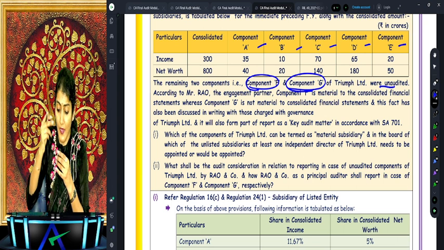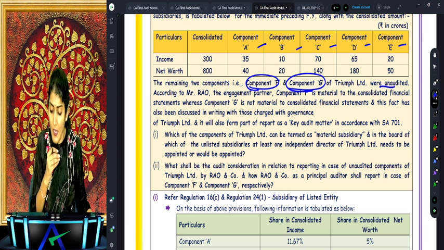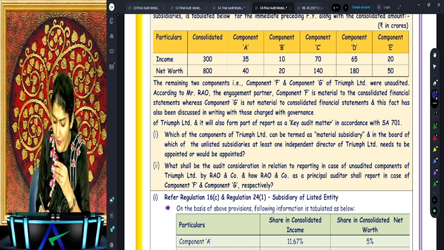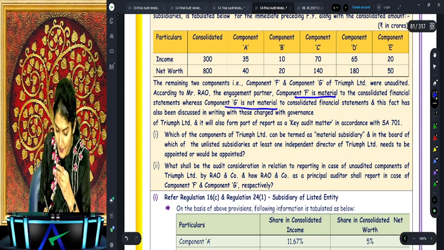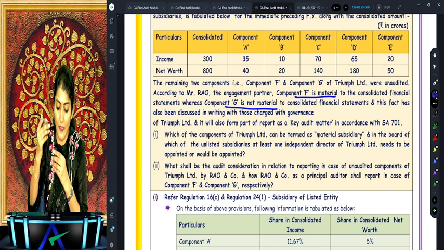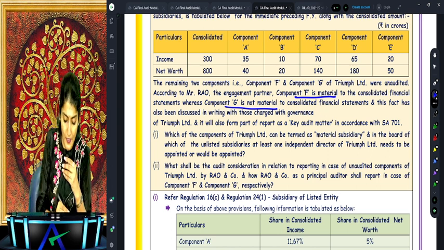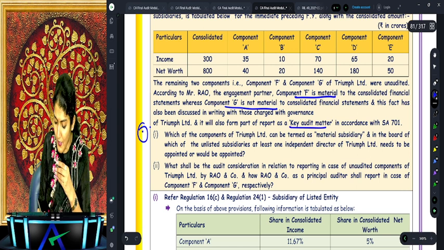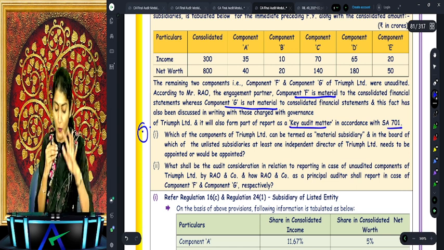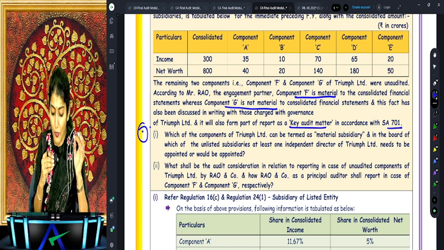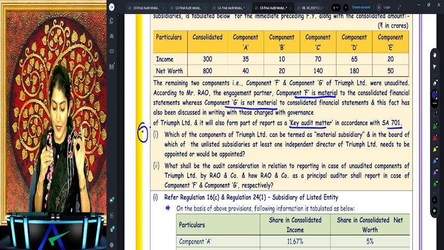According to Rao, the engagement partner, component F is material to the CFS, whereas component G is not material to the CFS. So component F is material and G is not material, and this fact has also been discussed in writing with the TCWG of Triumph Limited, and it will also form a part of the key audit matter in accordance with 701. Which of the components of Triumph Limited can be termed as a material subsidiary?